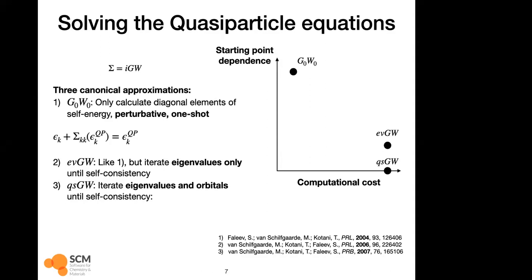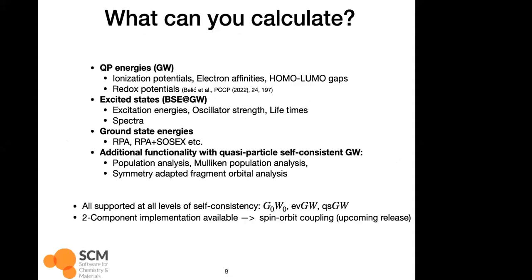And yeah, well, that's enough theory, right? So what can you calculate? By now we have quite a lot of functionality implemented in AMS. Of course you can calculate quasi-particle energies, which are related to ionization potentials, electron affinities, HOMO-LUMO gaps.